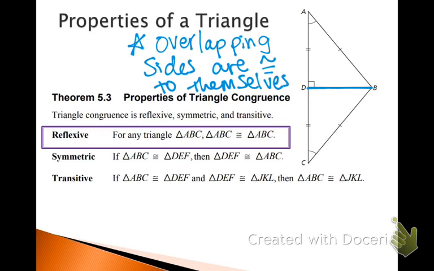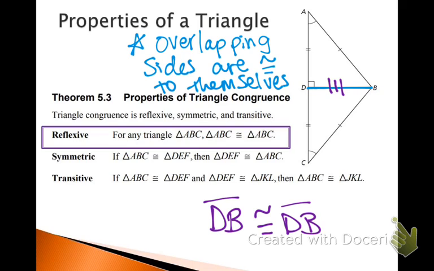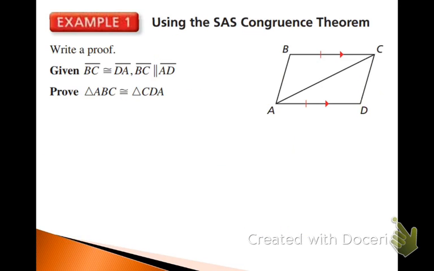So what this means is they both share DB. It's not marked congruent, but you could mark it congruent to itself if that helps you visually, because in some problems you're going to have to. So we would say DB is congruent to DB. This would be a statement that you would make about this side being congruent to itself. And we'll see it in our next picture.